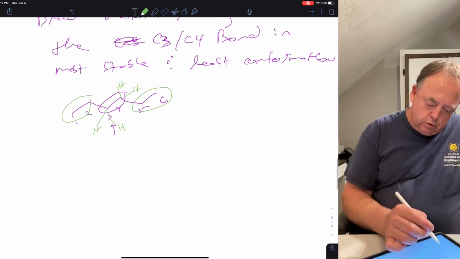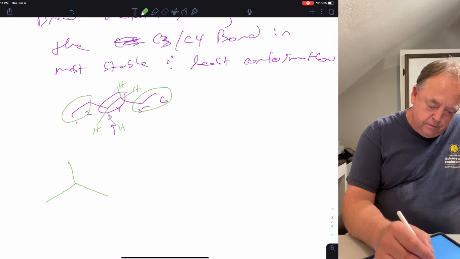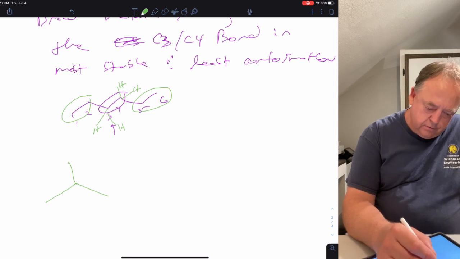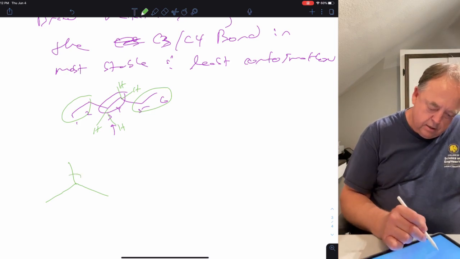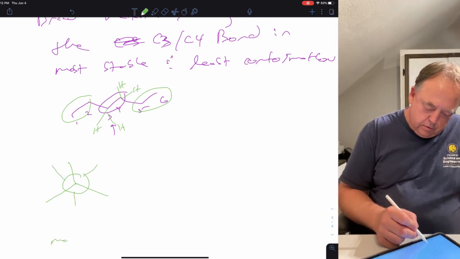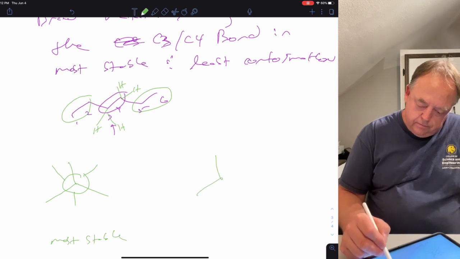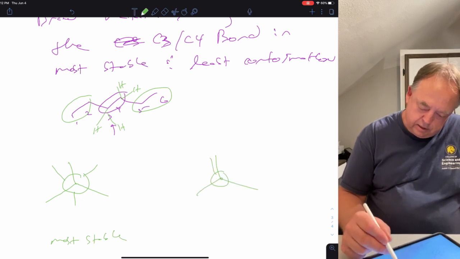So we need to draw a Newman projection. So that's the front carbon, and if it's going to be most stable, then it's going to be in a staggered conformation, right? So this is going to be most stable. And if it's going to be least stable, then it's going to be in an eclipsed conformation.